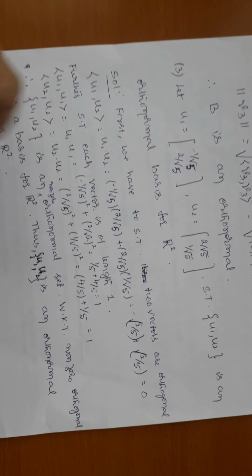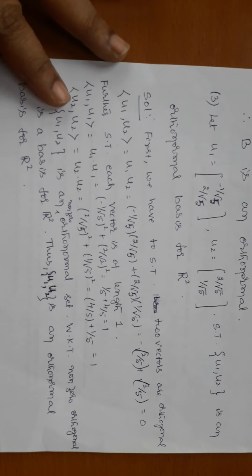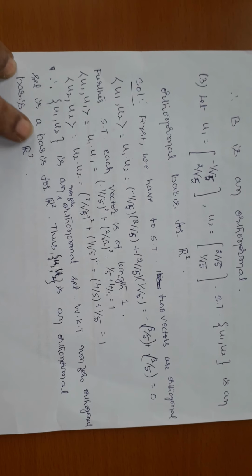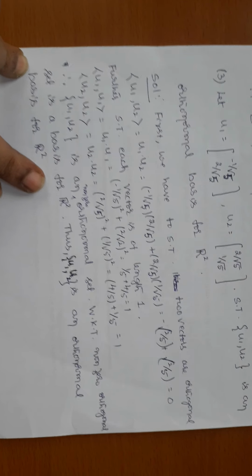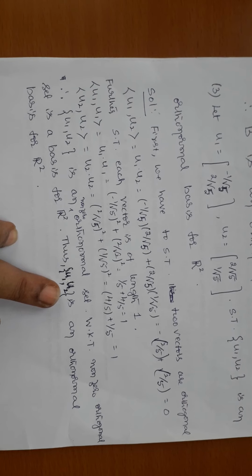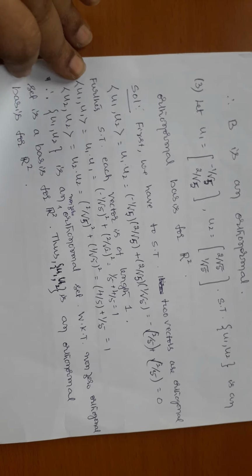You know why I use non-zero? Because it is clearly said that u1 and u2 are non-zero. After that, we know that a non-zero orthogonal set is a basis for Euclidean space of dimension 2. Thus, u1, u2 is an orthonormal basis for the Euclidean space of dimension 2.